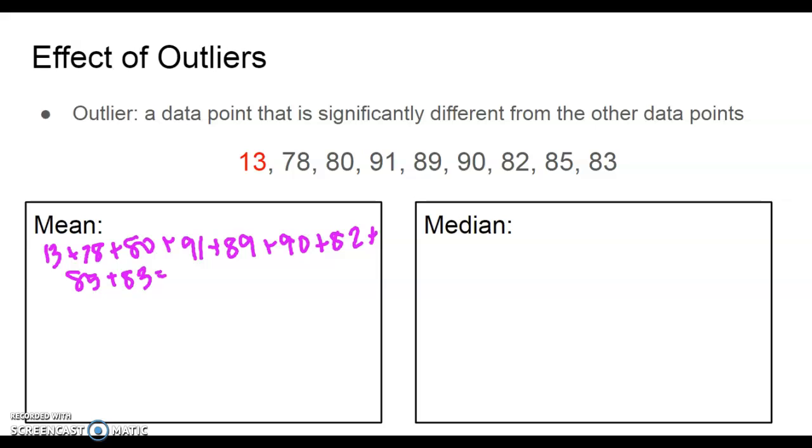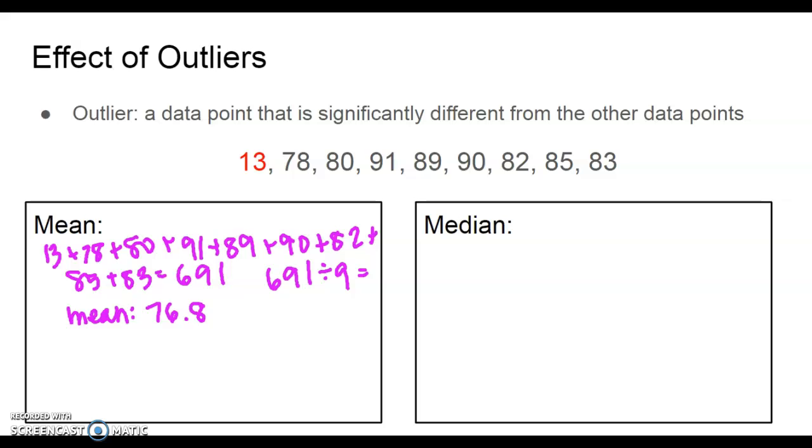Let me add them up real quick. Okay, when we add up all of these numbers, we get a sum of 691. Now I want to take that sum and divide it by my total number of data points, which is 9. When I divide 691 by 9, I get that my mean is 76.8.